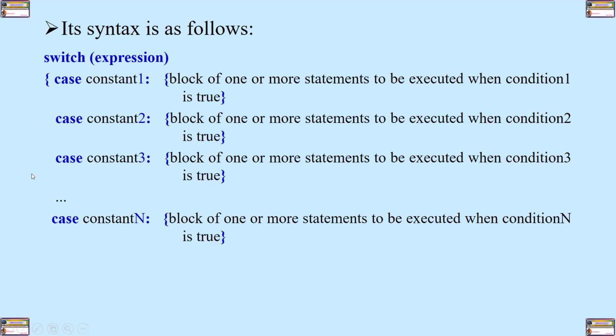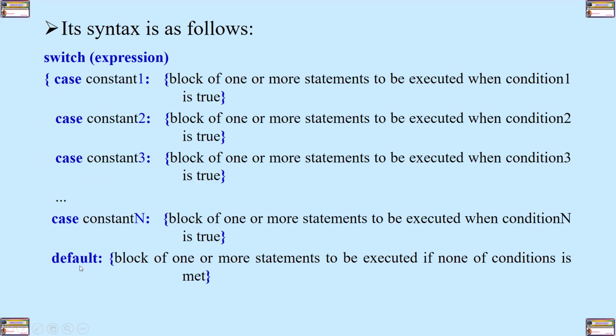If the expression gives a value which is n, for example, 20, that block of statements will be executed. Otherwise, the default statement will be executed if none of the cases is met.